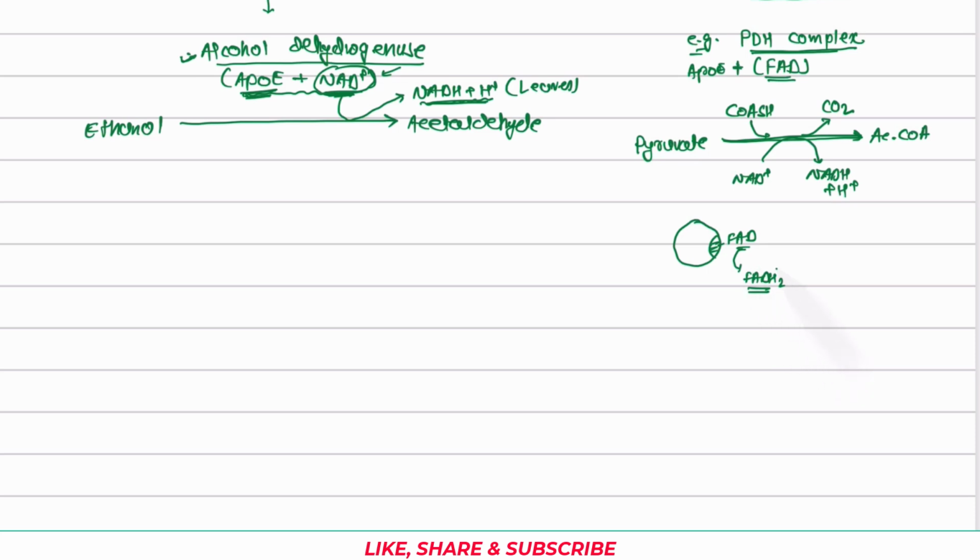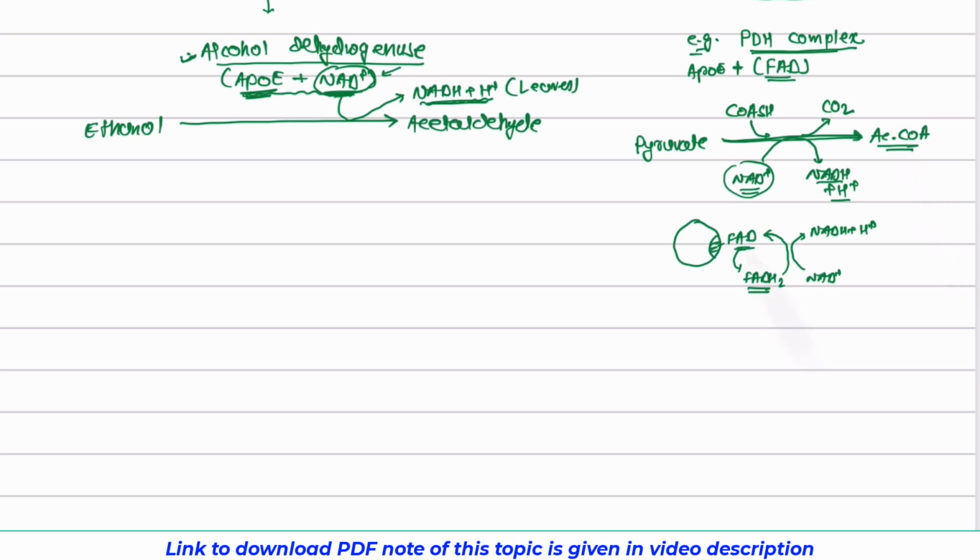Rather, as soon as FADH2 is formed, it is immediately converted back to FAD with the help of NAD plus, which is simultaneously converted to NADH plus H plus, right? So at the end of this reaction, FAD is regenerated and it never left this holoenzyme complex. So we can say FAD is permanently associated with this PDH complex enzyme, and that's why it is a prosthetic group. Whereas NAD plus is transiently associated with this PDH complex.